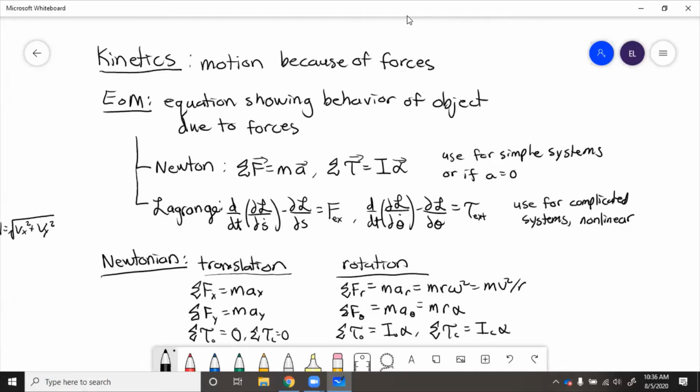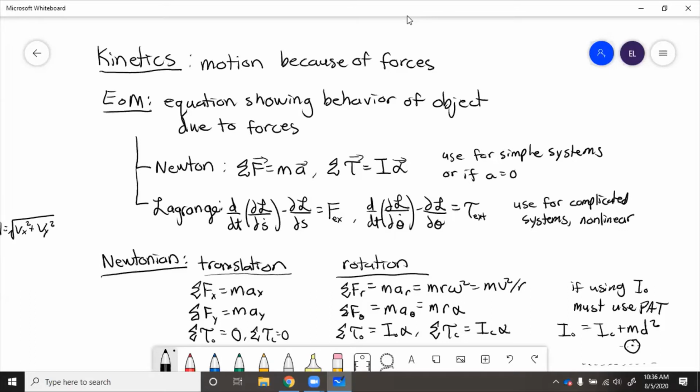So note that if using I around the axis of rotation, you must use the parallel axis theorem, where I around the origin equals I at the centroid plus m d squared. So an example is like this.